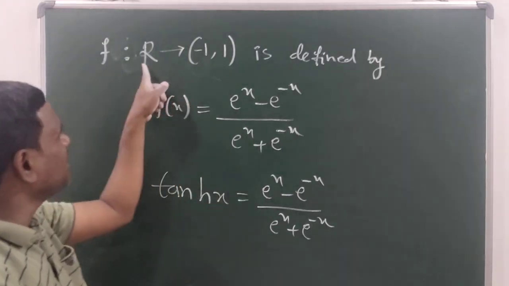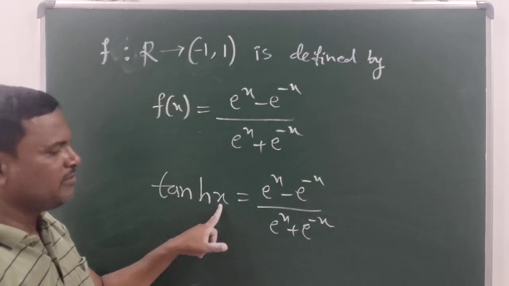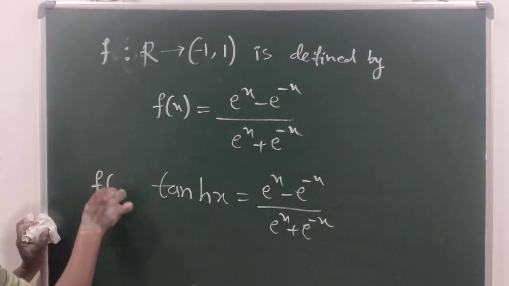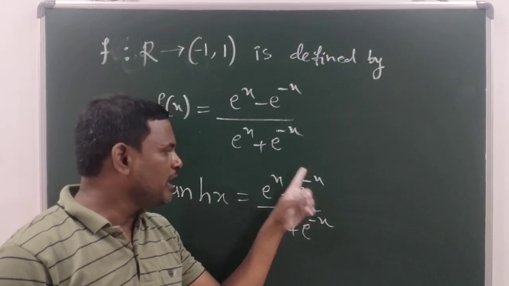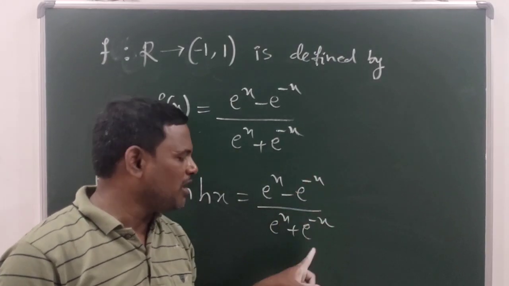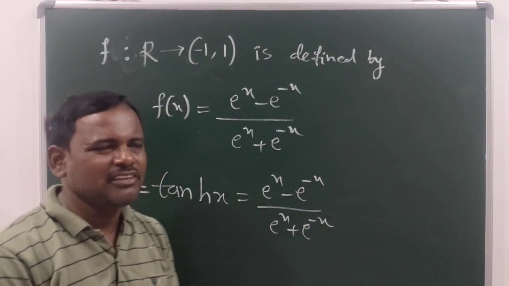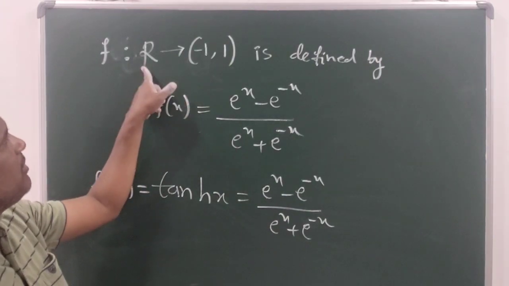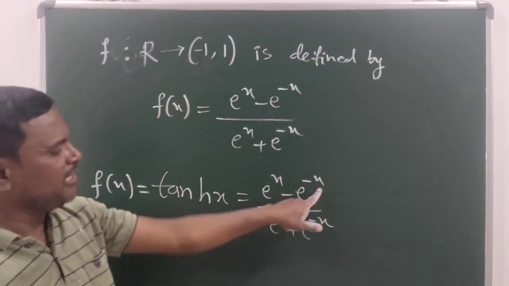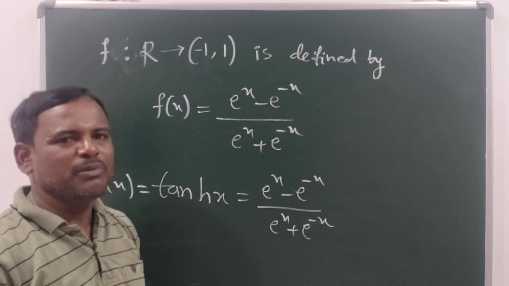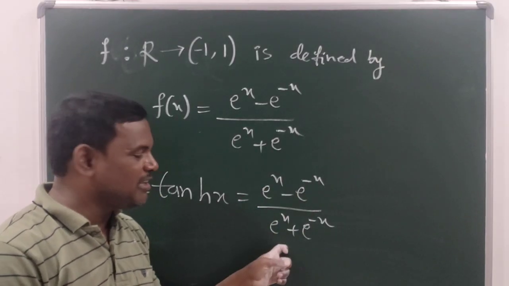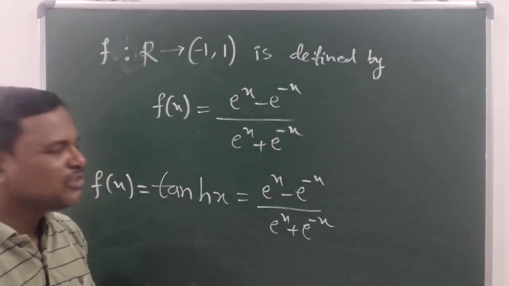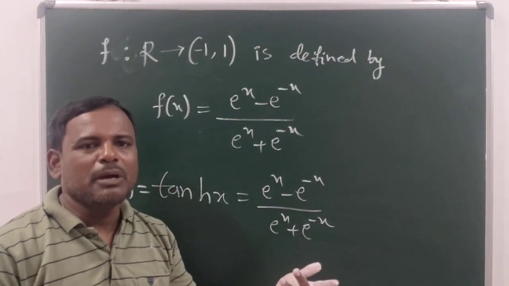Why? Because take any real number for domain f of x. Okay, right, here for x you get the numerator value smaller than the denominator. Am I right? Take any x value, real number from the domain, write here for x and simplify. Your numerator will be smaller than denominator, so that is a proper fraction.